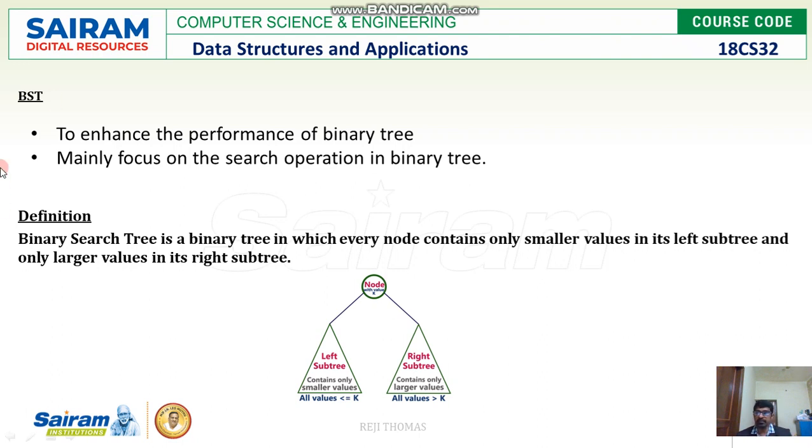You can see in the diagram, this is the root node, and the left subtree contains only values smaller than the root, and the right subtree contains values larger than the root. If any tree possesses these properties, we call it a binary search tree.